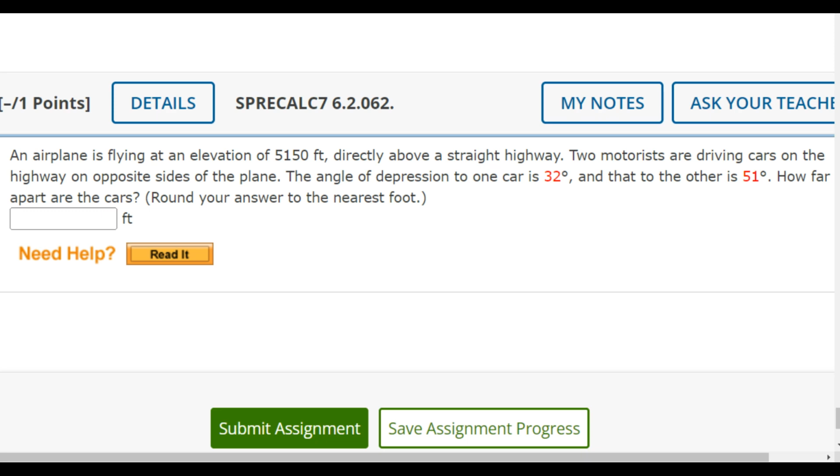Two motorists are driving cars on the highway on opposite sides of the plane. The angle of depression to one car is 32 degrees and to the other is 51. How far apart are the cars?